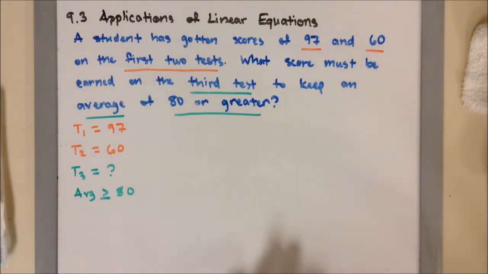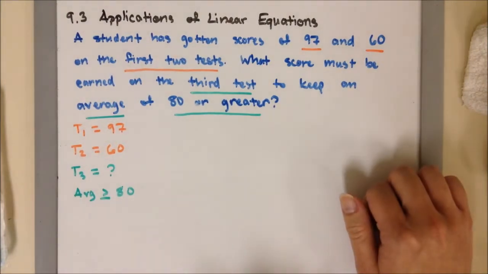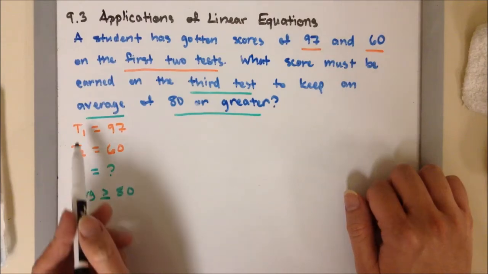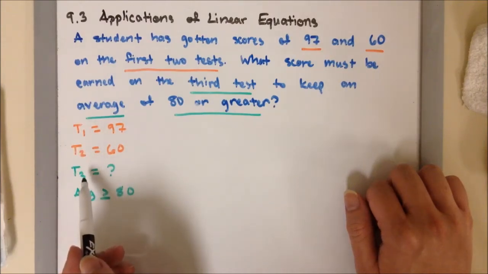Alright, so when it involves averages, that means we're going to set up differently. This will involve a fraction. Since there are three tests, when we're finding the average, we're basically going to add up the scores of the total amount of tests within a given word problem.